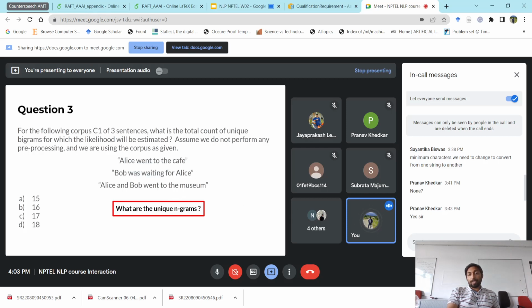So just mention in the chat what the bigrams are. Write a few examples. Here we are not looking for unique bigrams, but we are trying to say what the bigrams are. So just write them as you find them.